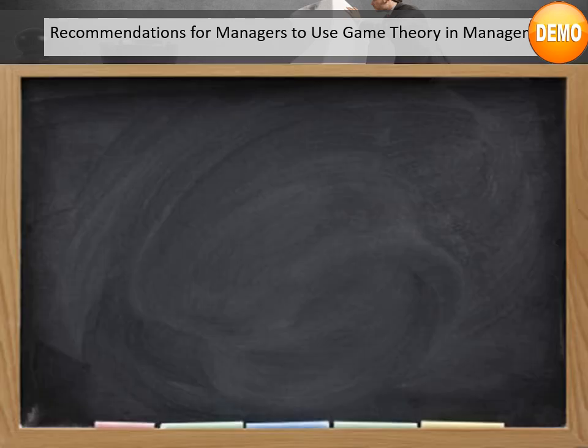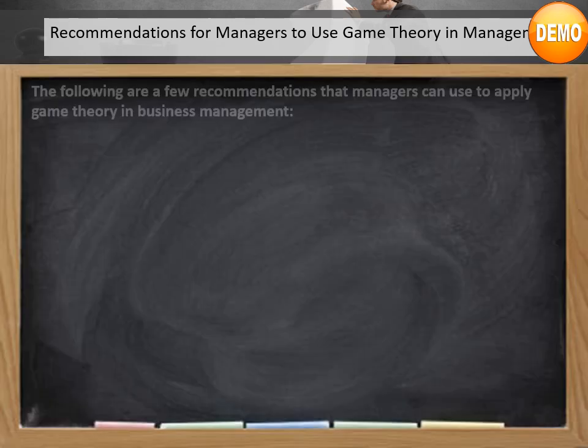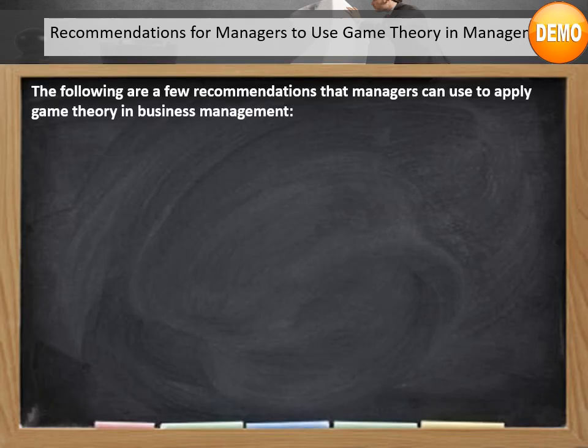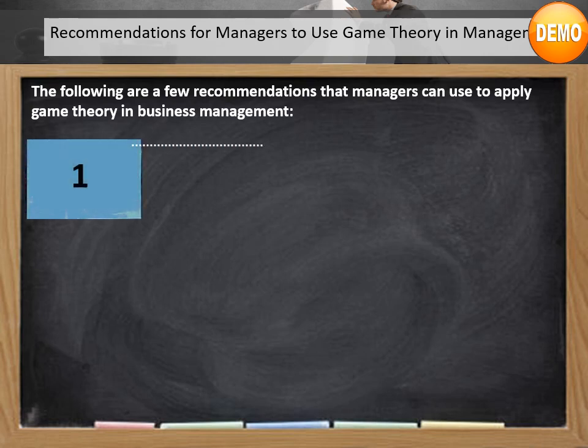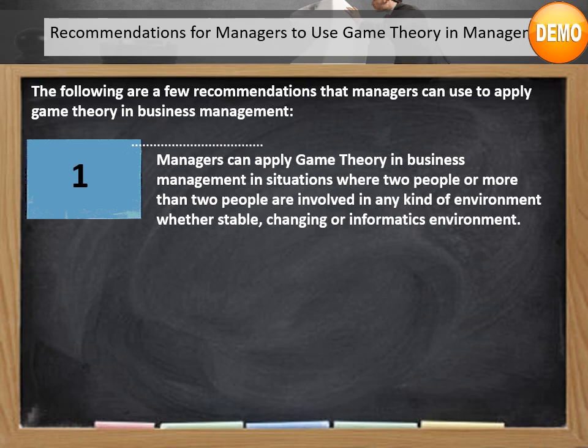Recommendations for managers to use game theory in management. The following are a few recommendations that managers can use to apply game theory in business management. Number 1, managers can apply game theory in business management in situations where 2 people or more than 2 people are involved in any kind of environment, whether stable, changing, or informatics environment.